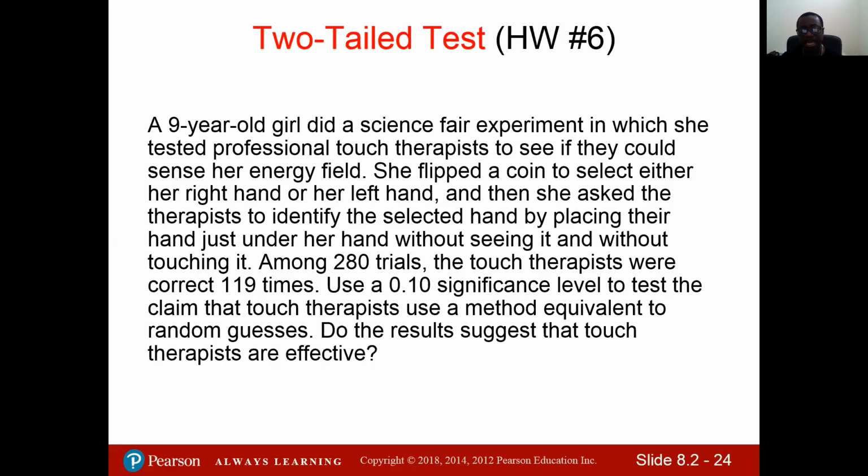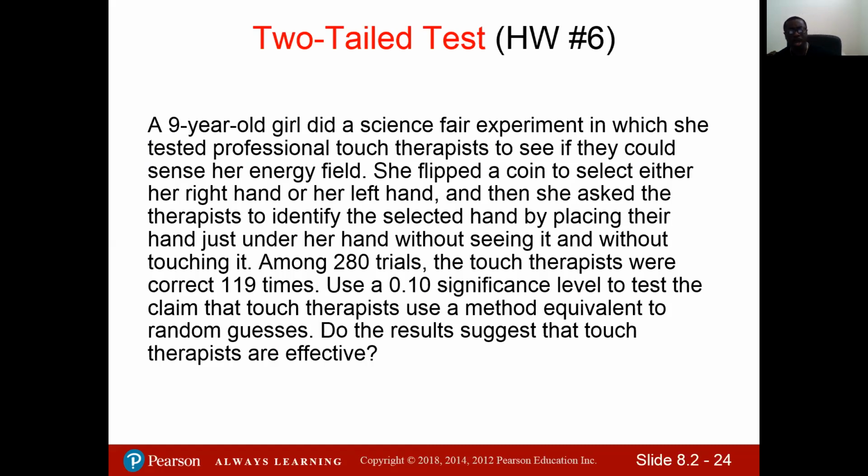A 9-year-old girl did a science fair experiment in which she tested professional touch therapists to see if they could sense her energy field. She flipped a coin to select either her right hand or her left hand, and then she asked the therapist to identify the selected hand by placing their hand just under her hand without seeing it and without touching it.